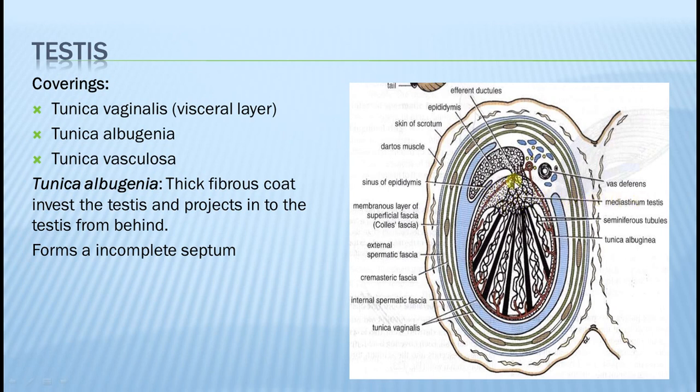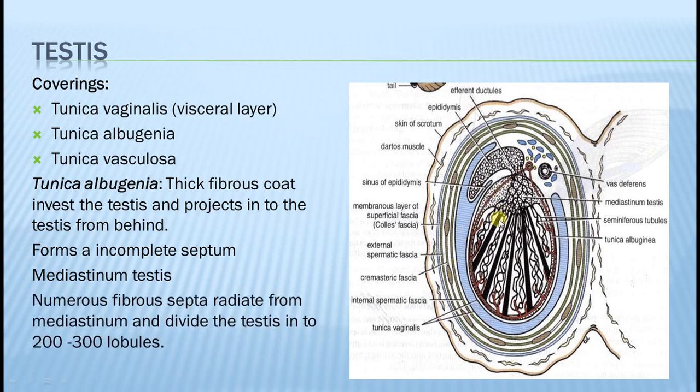From the mediastinum testis is the inward invagination of the tunica albuginea behind. From there you can see fibrous septa arise and divide the testis into various lobules. Okay. From the mediastinum testis, fibrous septa arise and divide the testis into numerous lobules.